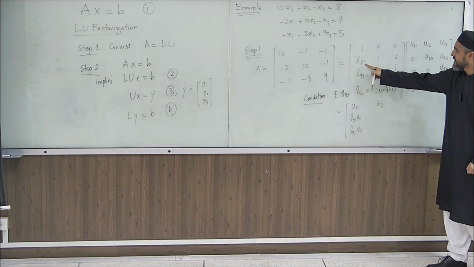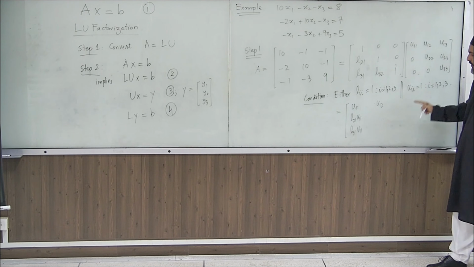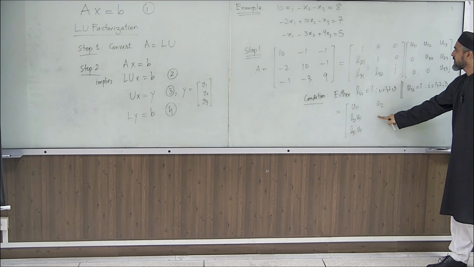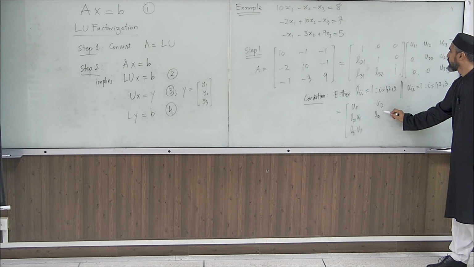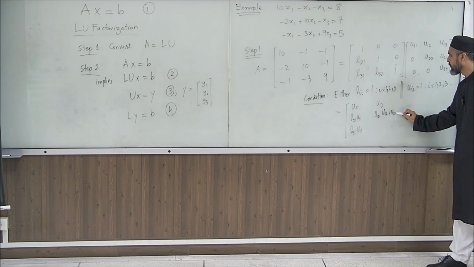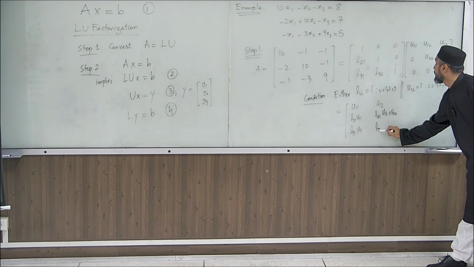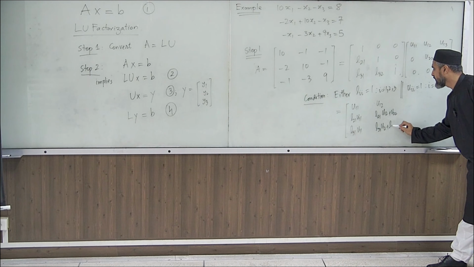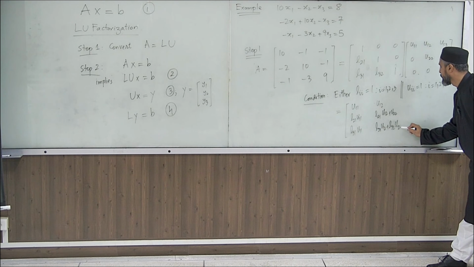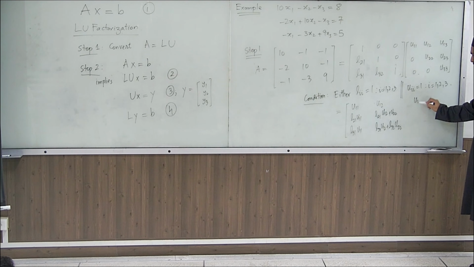If I multiply the second row with the second column, I get L21 U12 plus U22, and then L31 U12 plus L32 U22, and similarly here U13 and L21 U13 plus U23, and this is L31 U13 plus L32 U23 plus U33.